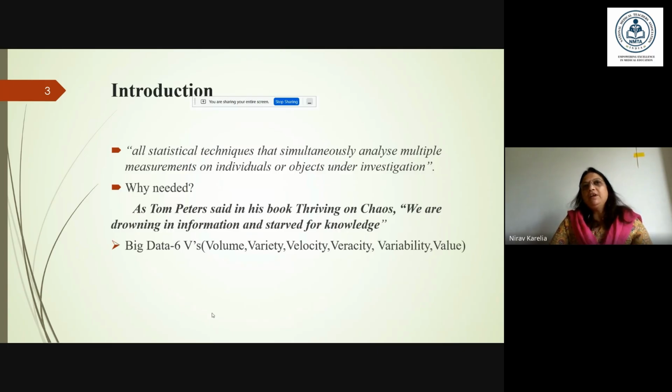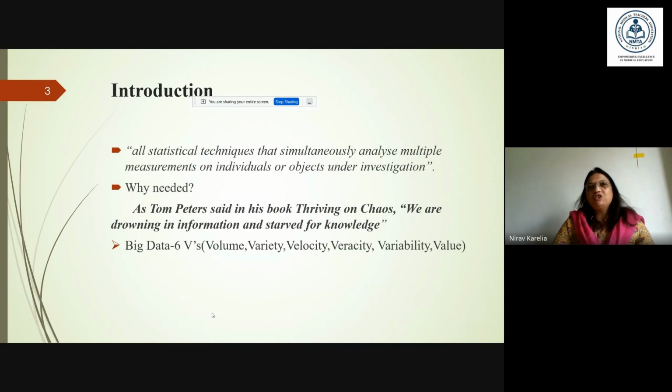In multivariate analysis, there are three things. There is big data. There is a lot of information available on social media, websites and research platforms. What do we mean by big data? Big data is described by the 6 Vs, which you can remember.